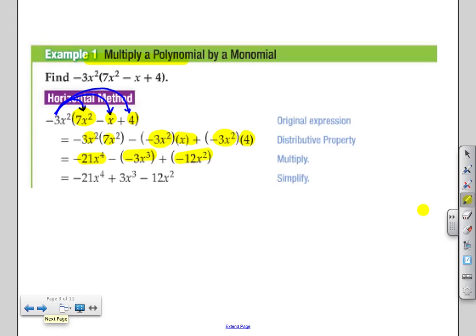And then you simplify these. This stays the same. Negative times a negative makes a positive 3x cubed, and plus a minus makes a negative 12x squared. So you can see by this point you have to be comfortable multiplying your exponents. You have to be comfortable adding and subtracting your positive and negative numbers, okay?